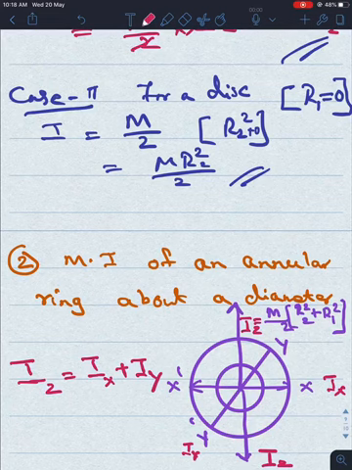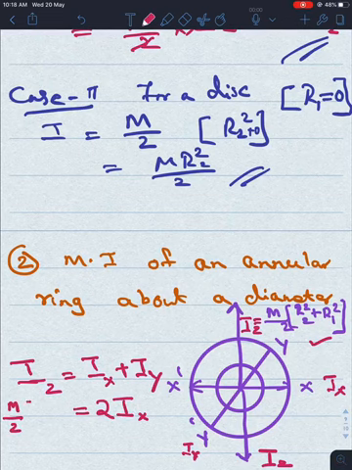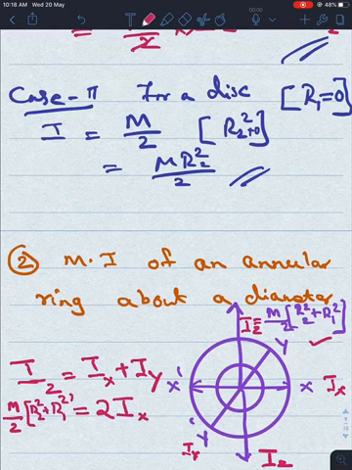Since it's a circle, it has the same moment of inertia, Ix and Iy will be the same, so it will be 2Ix, and Iz is nothing but, here I have substituted, m by 2 into r2 square plus r1 square.